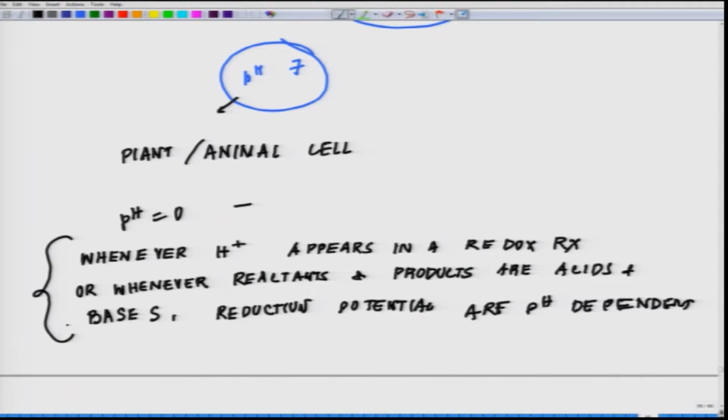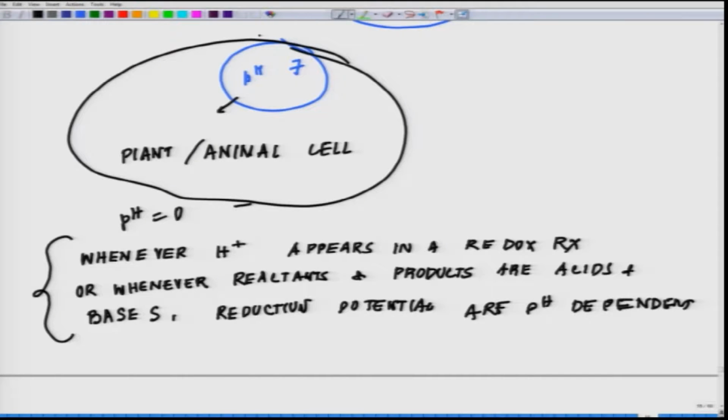So, keep this aspect very clear in your mind. It is the reducing strength at pH 7, not at pH 0, that is relevant to a living cell. This is our critical point to remember.